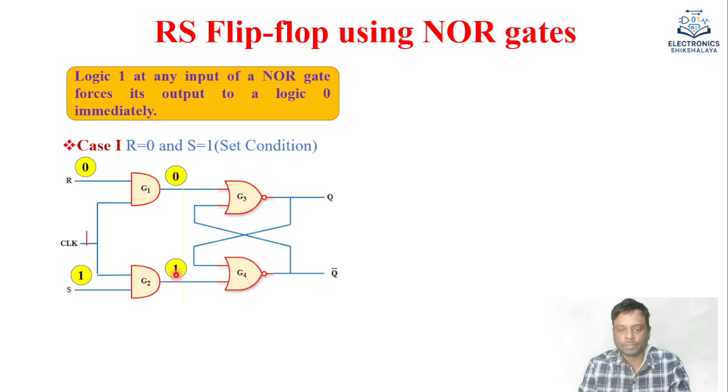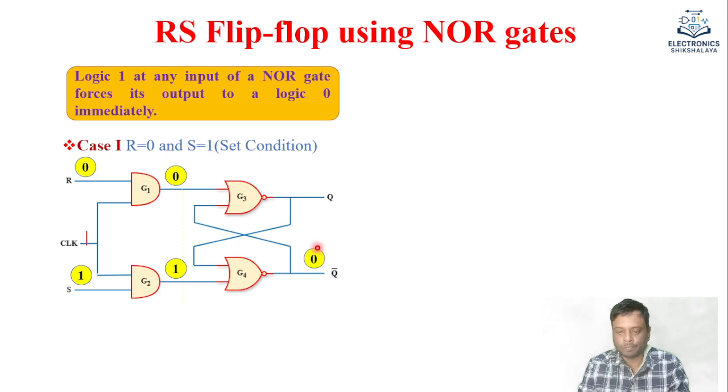Now we apply this property: if logic 1 is at any input of the NOR gate, it forces the output to be 0. G4 has one of its inputs as 1, so it forces the output to be 0, so Q bar will be 1.